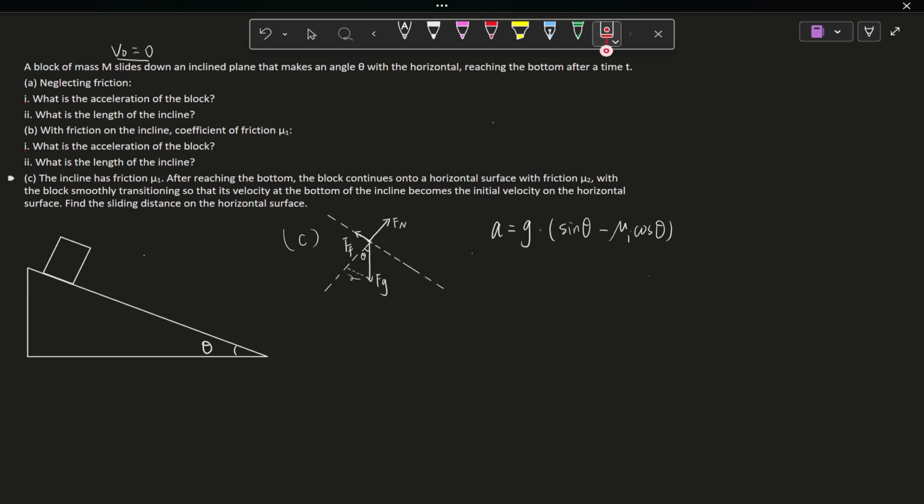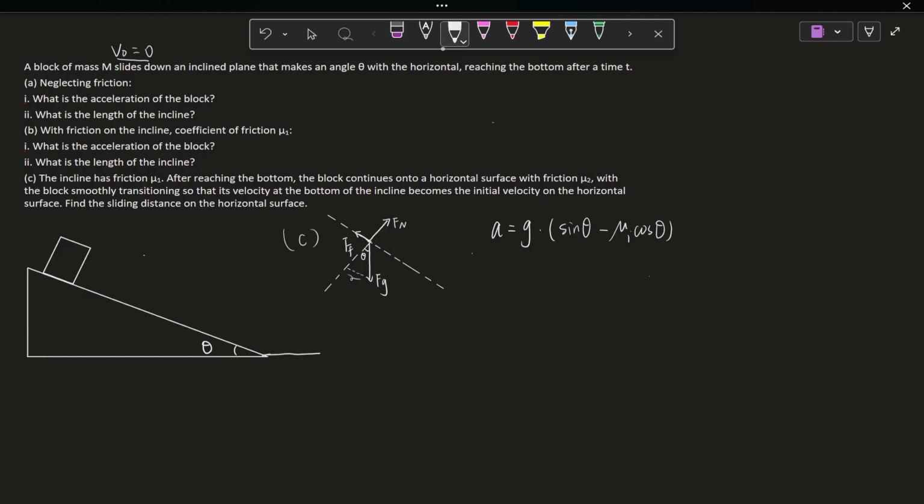So it is smoothly transitioning, right? So we don't need to worry about the block getting stuck at the bottom and losing its velocity. Just remember, when the block is at the bottom, the velocity is exactly the same as the initial velocity when it starts moving on the horizontal surface.